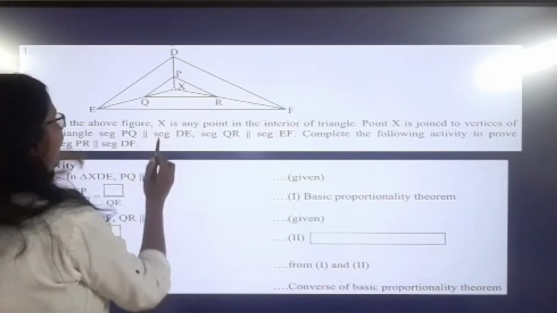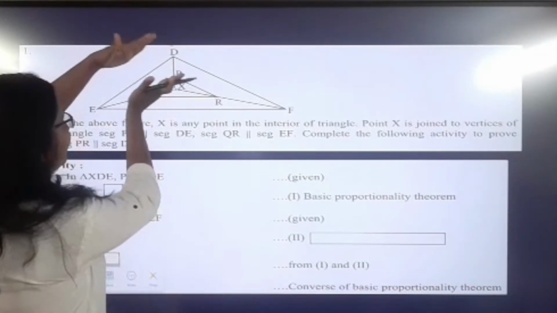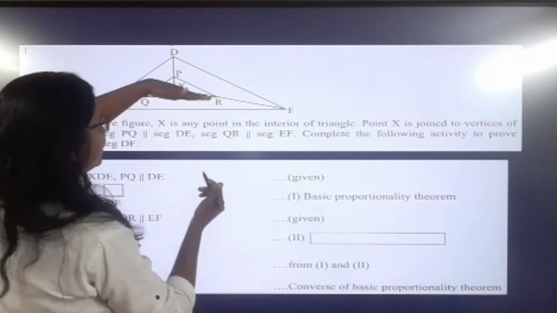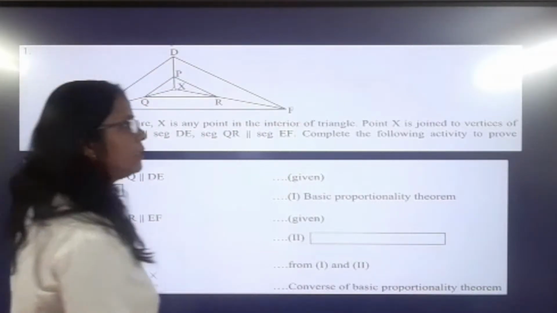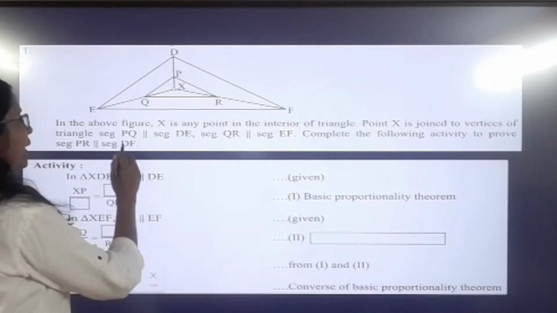Segment PQ is parallel to DE, and segment QR is parallel to EF. Complete the following activity to prove segment PR is parallel to DF.